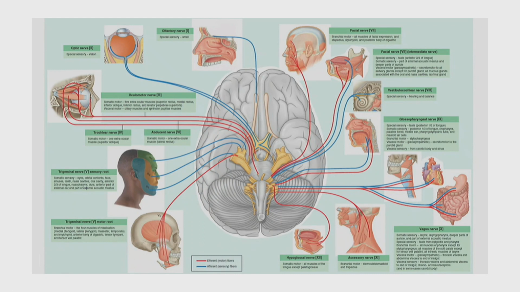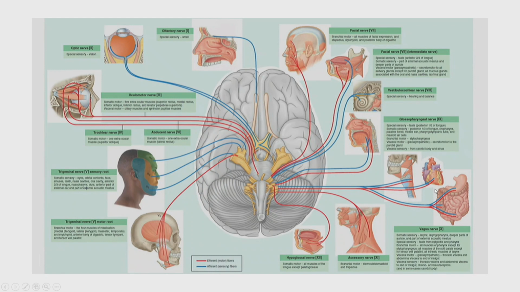Accompanied by the glossopharyngeal, it makes the pharyngeal plexus to innervate the pharyngeal muscles, and it also extends to the thoracic cavity, for example for innervation of the heart.